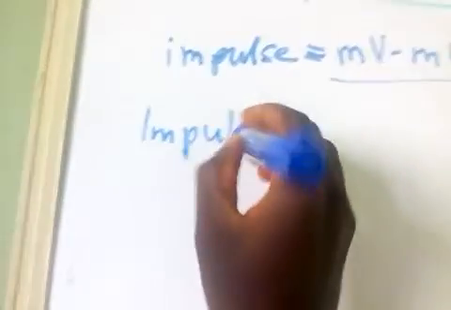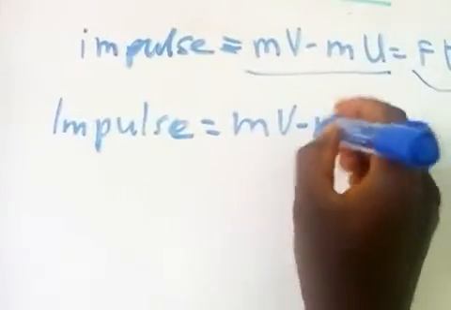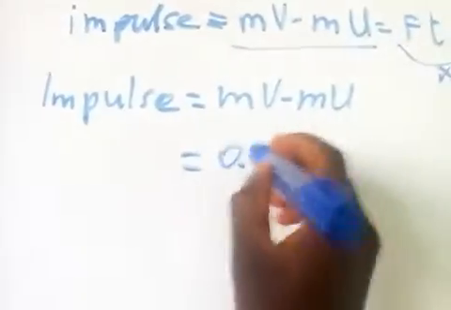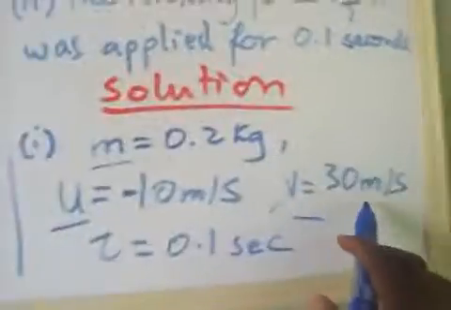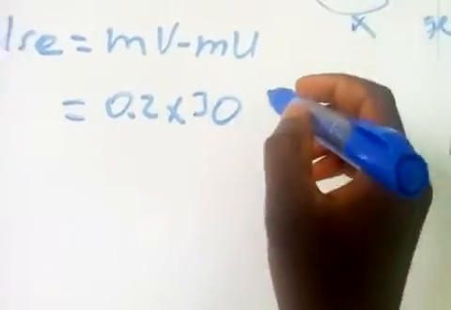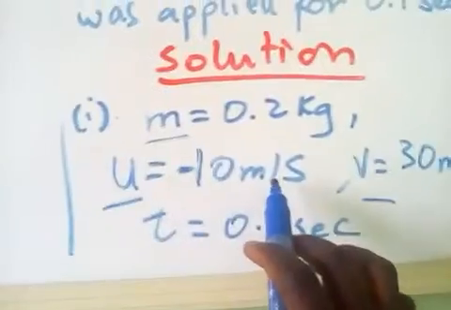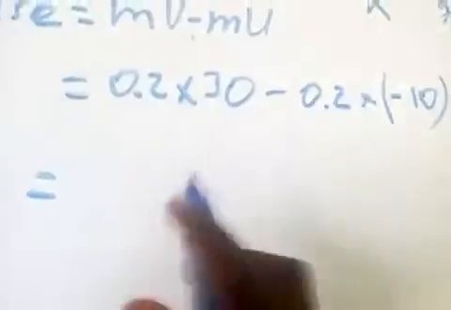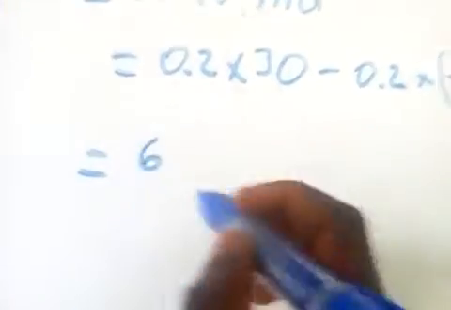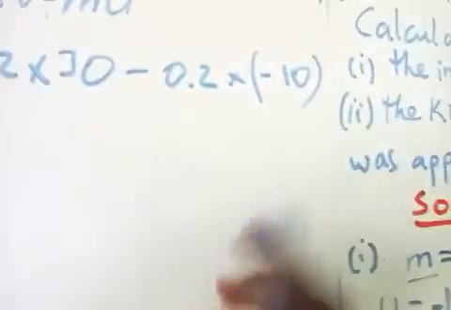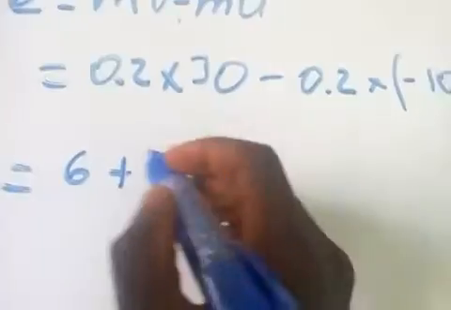So we're going to use the first formula, that is impulse is equal to mv minus mu. m is given as 0.2. The final velocity is given to us as 30 meters per second. So minus 0.2 again, times u, which is minus 10 meters per second. So now it's going to be 0.2 times 30 is 6, minus, you have another minus here, minus 10 times minus will give us plus. 0.2 times 10 is going to give us 2.